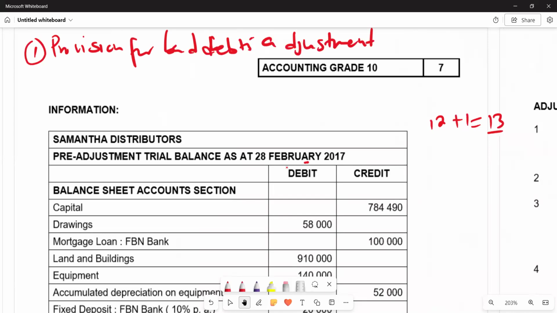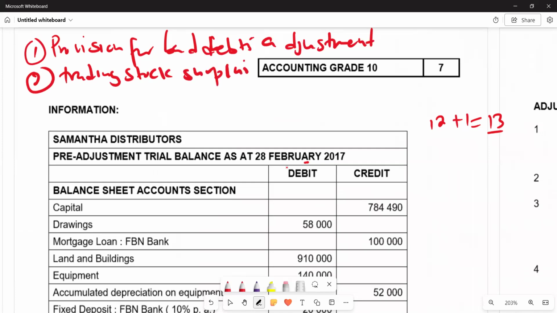We put it under the expenses section. But if it's a decrease, it's going to be an income. So it's something that you have to check before you go to the expense section, because if it's an income, you have to include it under income. Then you can also check for trading stock deficit or surplus. Check for trading stock surplus.